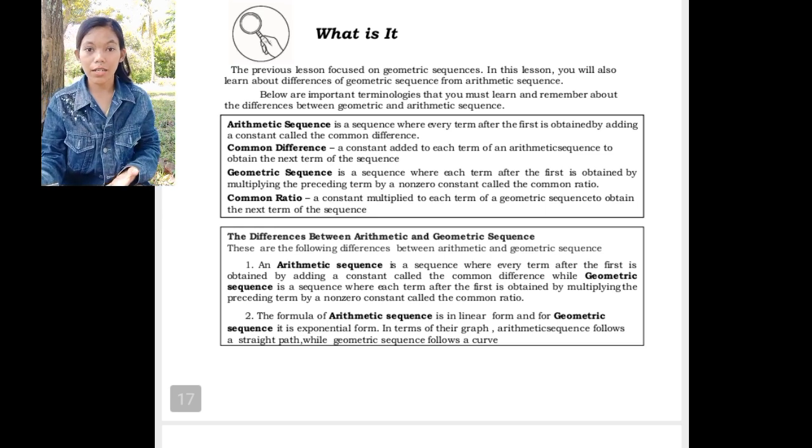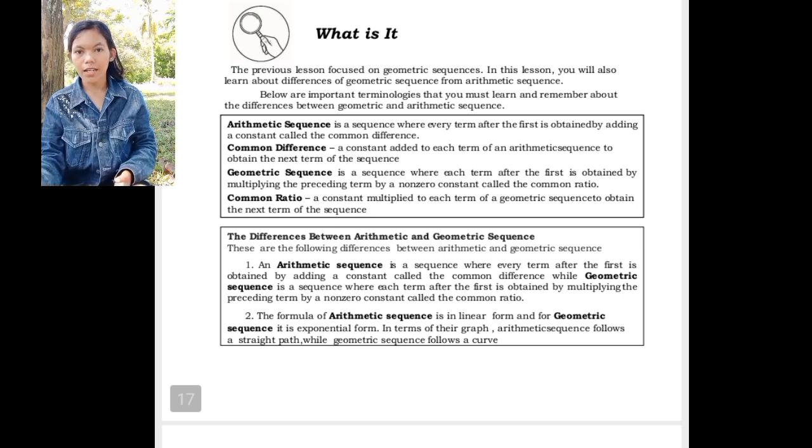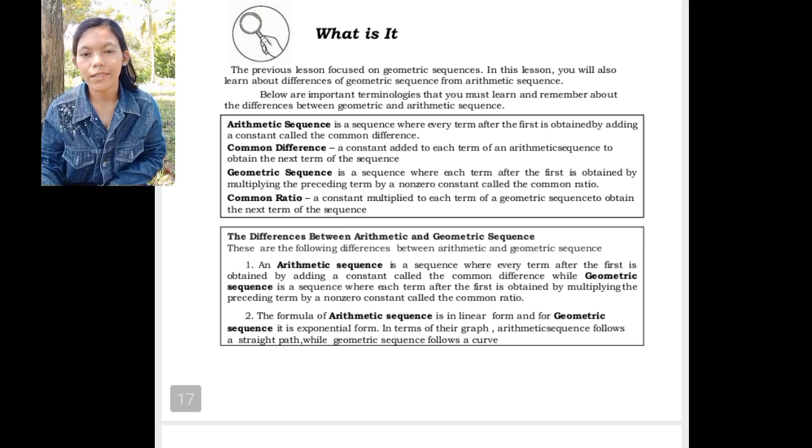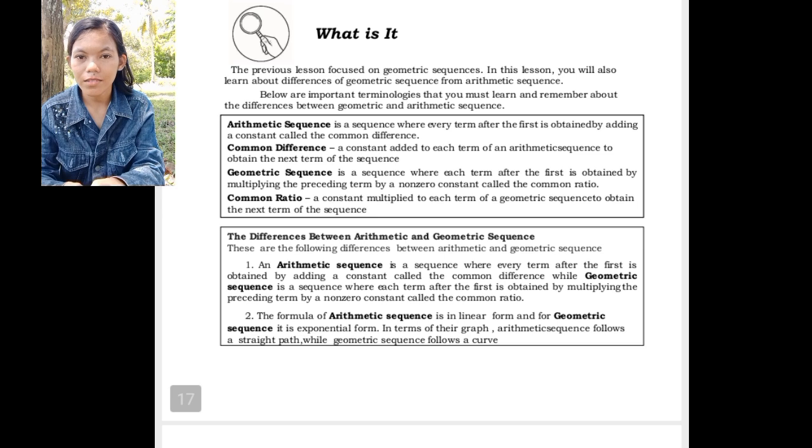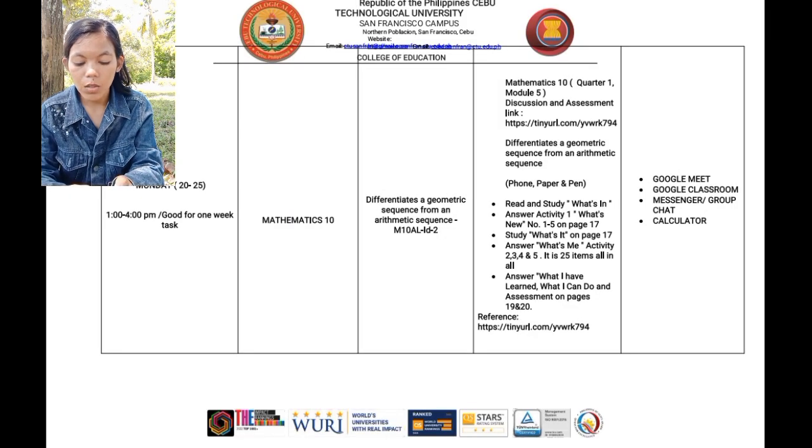So gets ra mo class? Gets ra. Kay nakasabot ra gid mo, kay na-discuss na man ang arithmetic and geometric. So di na ta magdugay-dugay. Laro na activity dayon. Read and study what's in. Answer Activity 1, What's New, number 1 to 5 on page 17.